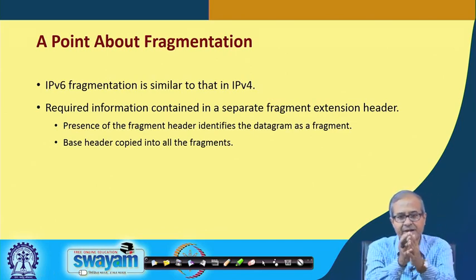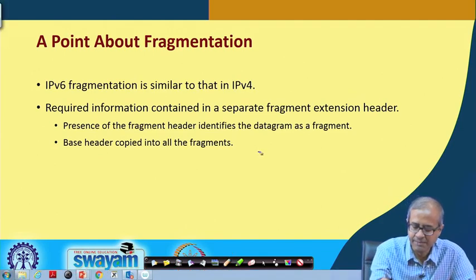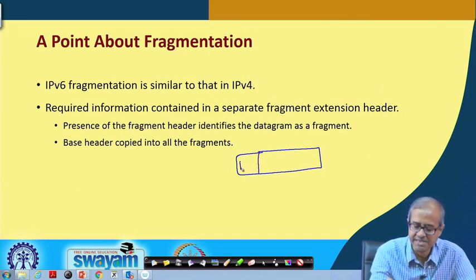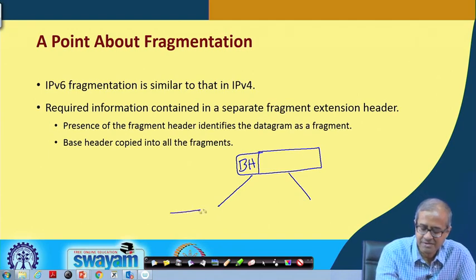The idea is that when an IP version 6 packet, let us say a packet which had a base header, BH, gets fragmented into two pieces, the scenario will be something like this.